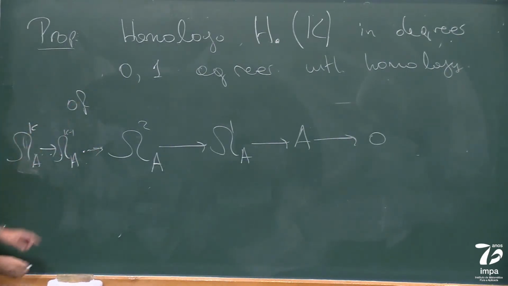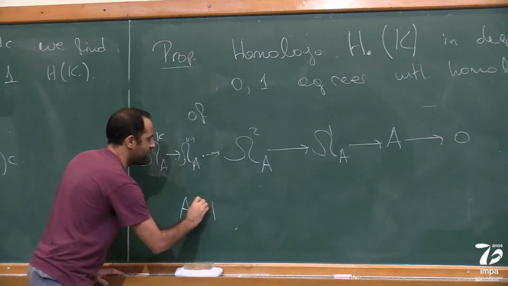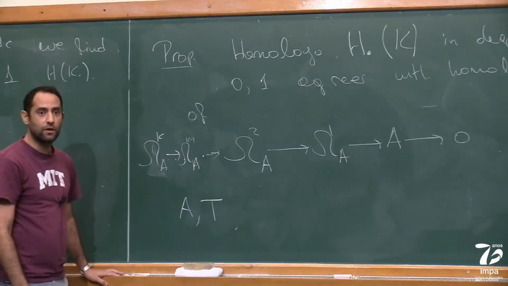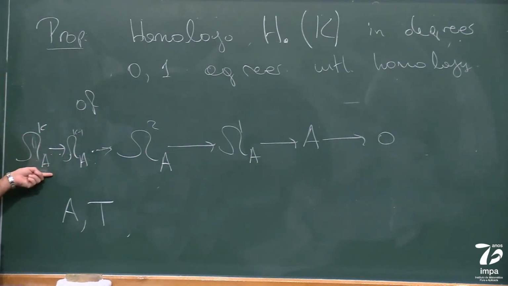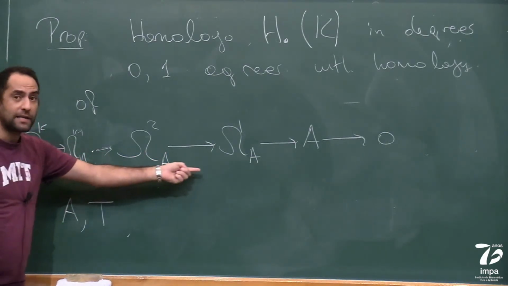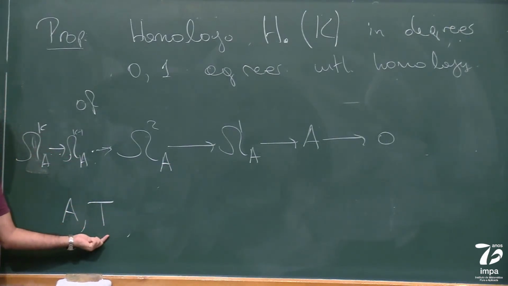Whenever you have an algebra A with a derivation, in this case T is a derivation, you get on the derived space of that algebra a complex which is contraction with the derivation.